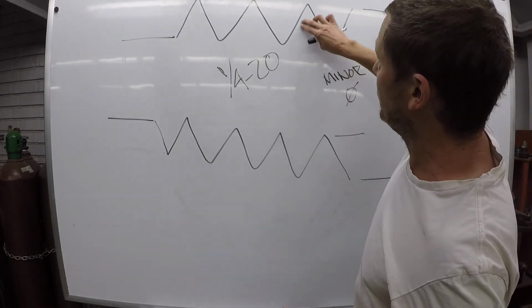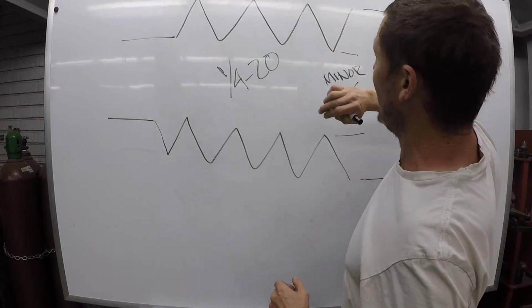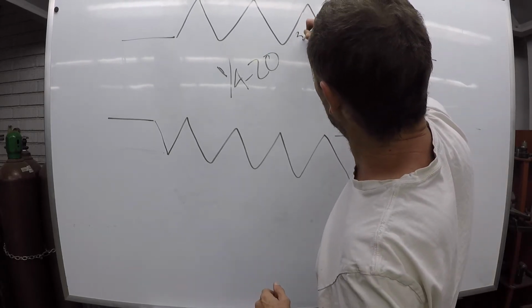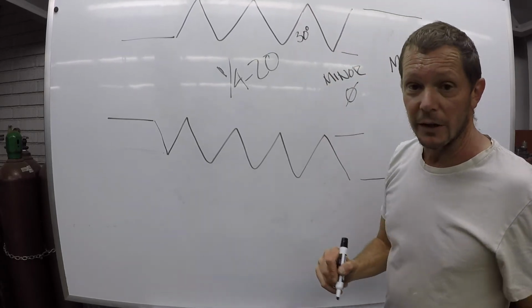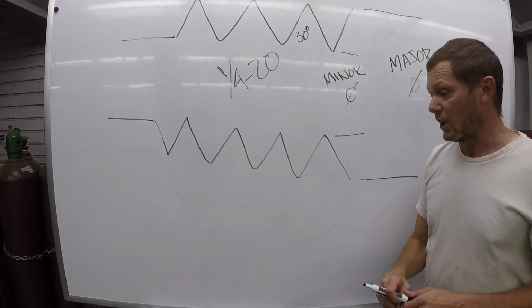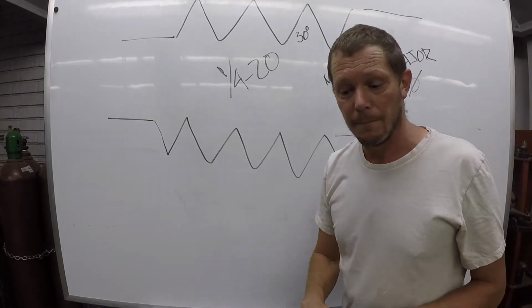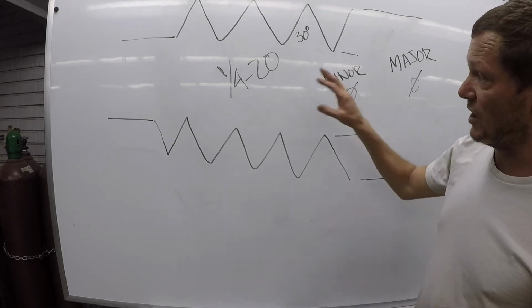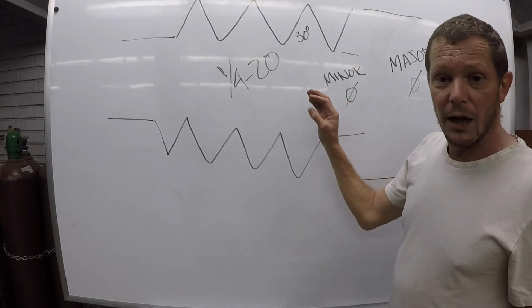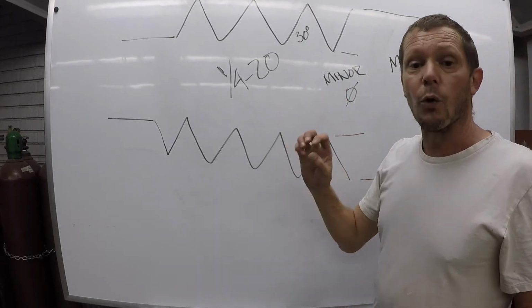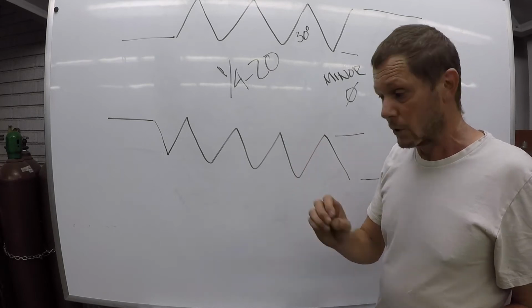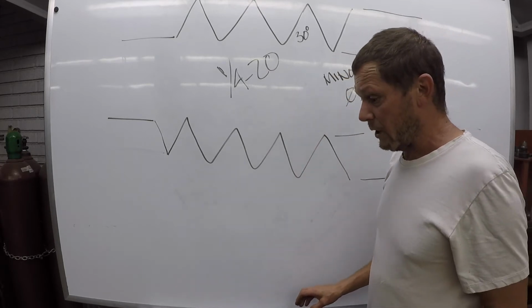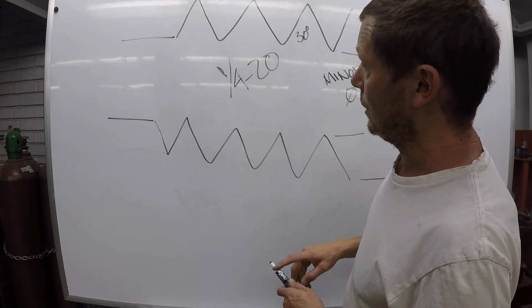Thread angle, the angle of the actual thread is about 30 degrees. That is the same for a bolt or a nut. Okay? Just that the nuts, it's the same thing.